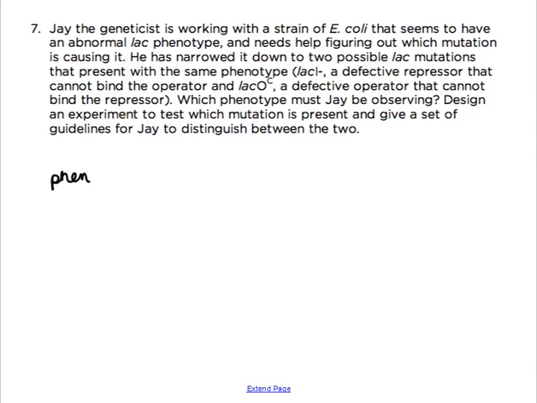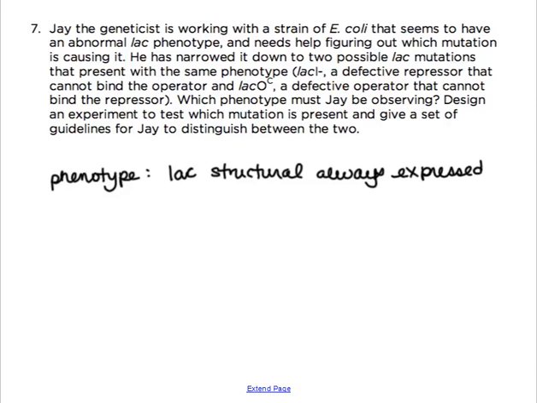So he knows that the mutation is either that there's a non-functional repressor or there's a mutant operator that cannot bind a functional repressor. So if there's no repressor-operator binding, that means that transcription is never going to be blocked, and therefore the phenotype he must be seeing is that the LAC operon is on, or that the LAC structural genes are always expressed regardless of lactose concentration.